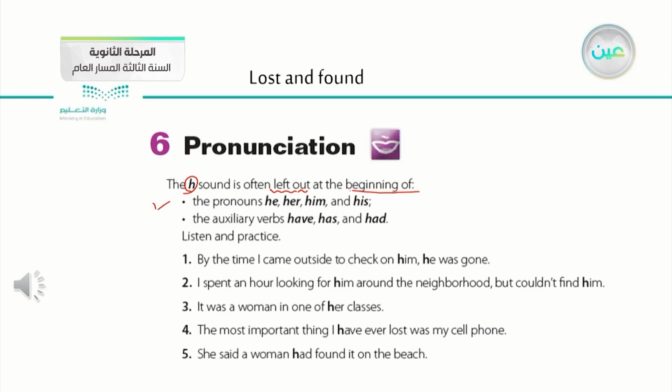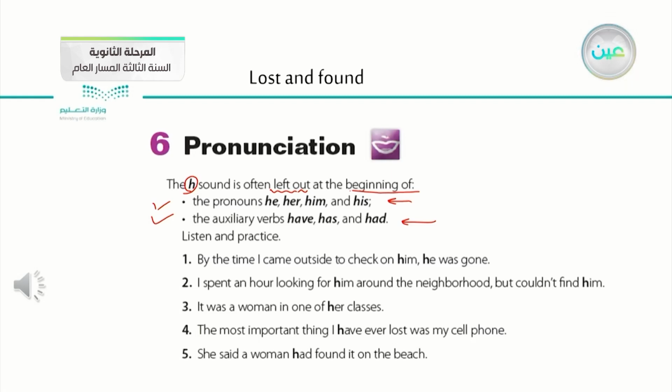The second thing, the auxiliary verbs like have, has, and had. So once we run into these words, the pronouns and also the auxiliary verbs, in any sentence, the H at the beginning of these words is usually or often left out. It's correct if you say it, but it's also correct if you leave it out.